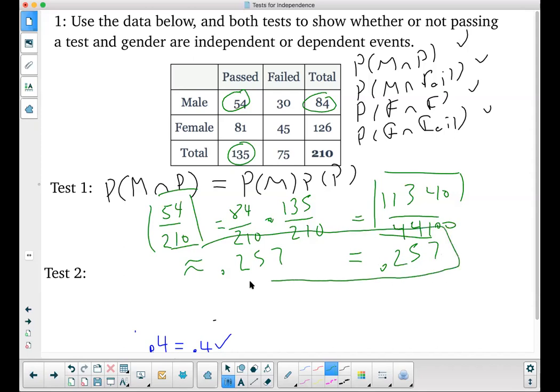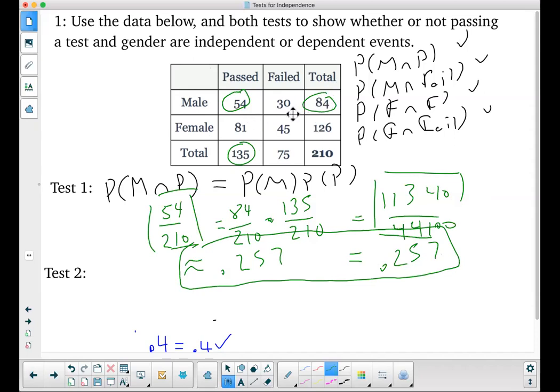Believe it or not, they equal the same thing. Okay, so this means that it doesn't matter for this test whether you are a male or a female, that doesn't make a difference on the outcome of the results of this test.